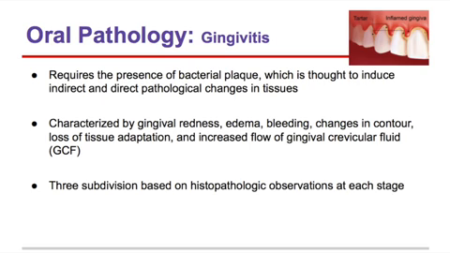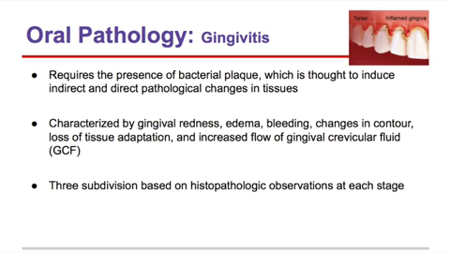Slide number 14 is a continuation of oral pathology in which we will discuss gingivitis. As stated before, the formation of periodontal disease begins with an inflammatory disease known as gingivitis. Gingivitis requires the presence of bacterial plaque, which is thought to induce both indirect and direct pathological changes in the periodontal tissues.